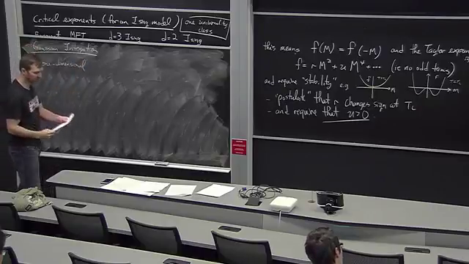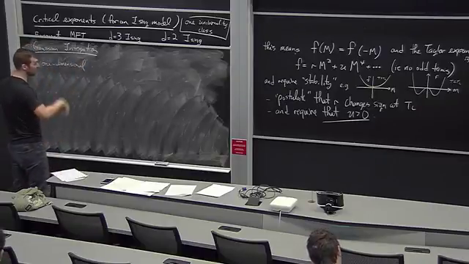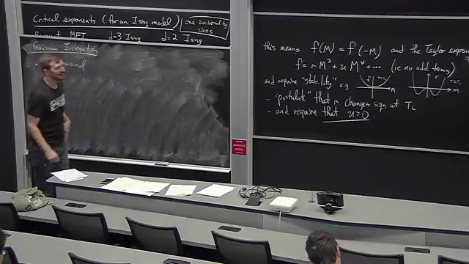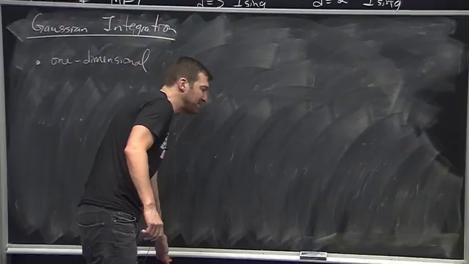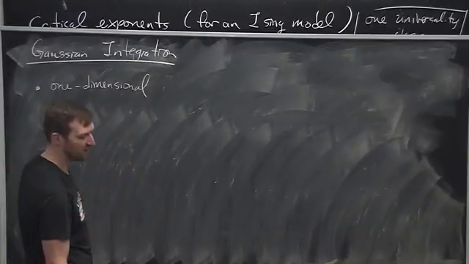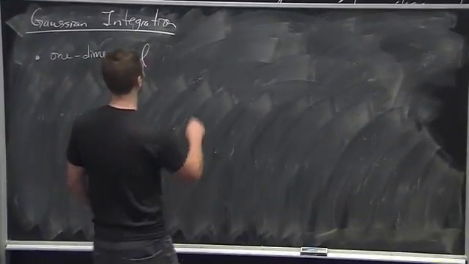A one-dimensional integral just means that the dimension I'm counting is the index on those fields, 1 to n. So if I just have one field value or one variable, call it x, then I have a one-dimensional Gaussian integral.